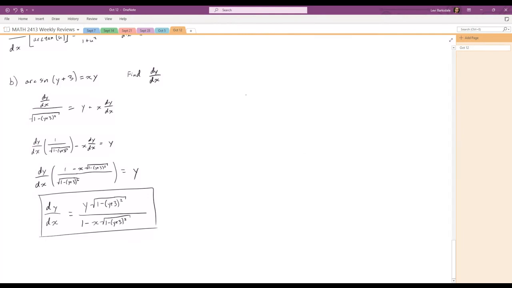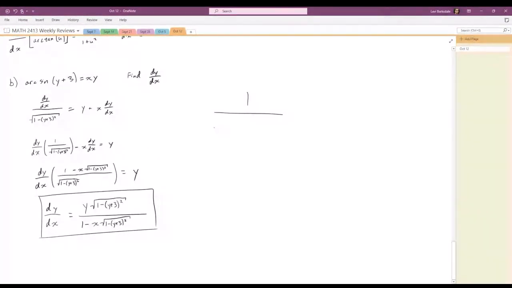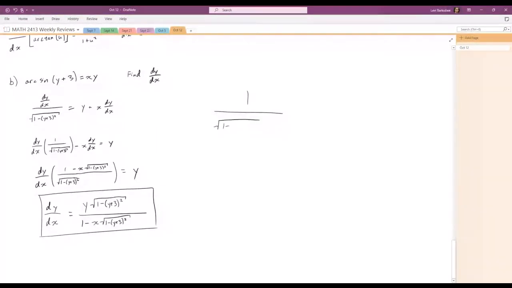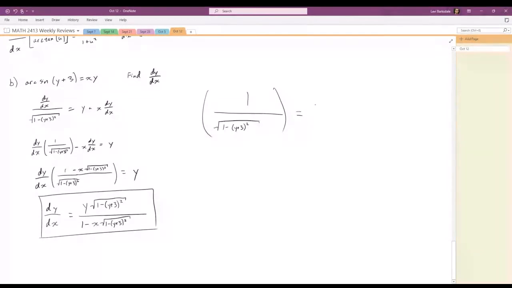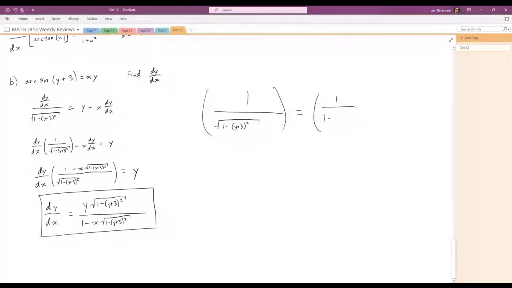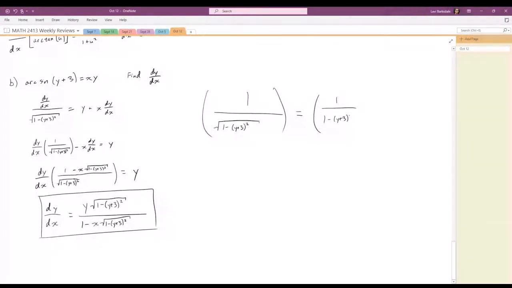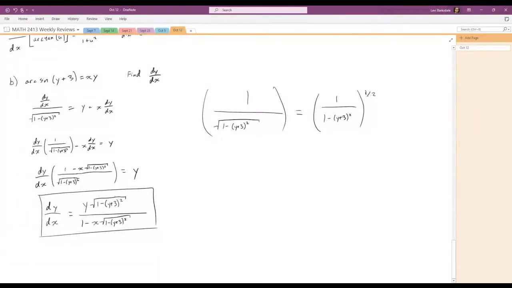For example, if we were looking at this, this is actually the same as... Wouldn't the half only go on the denominator?